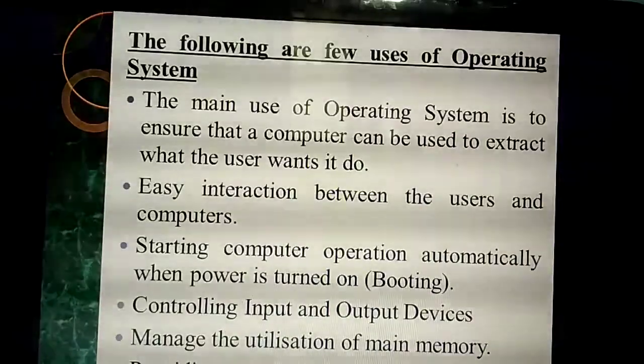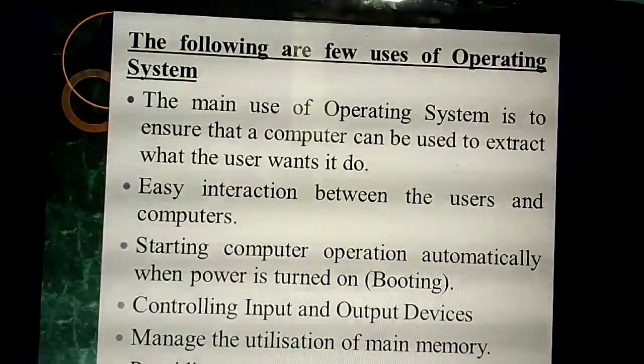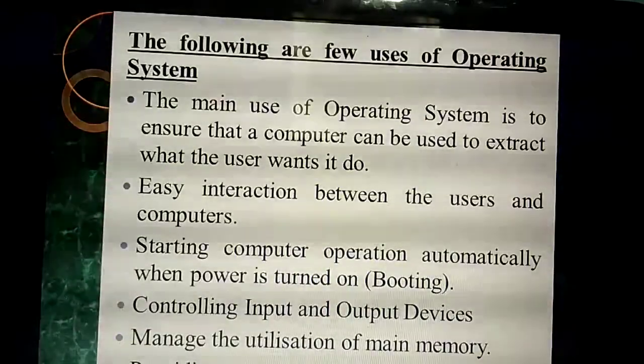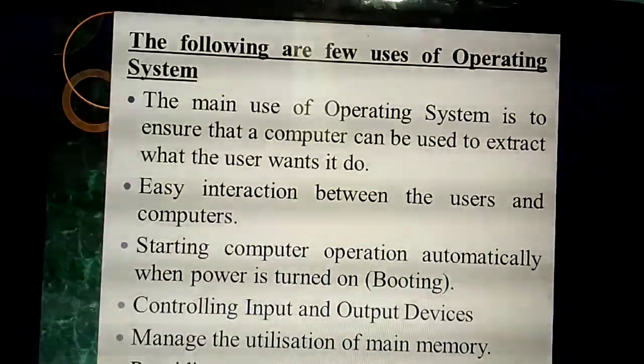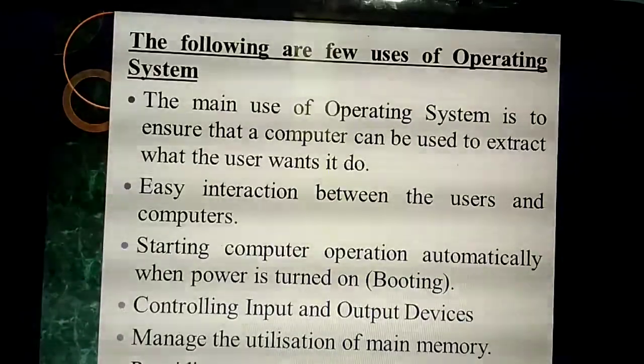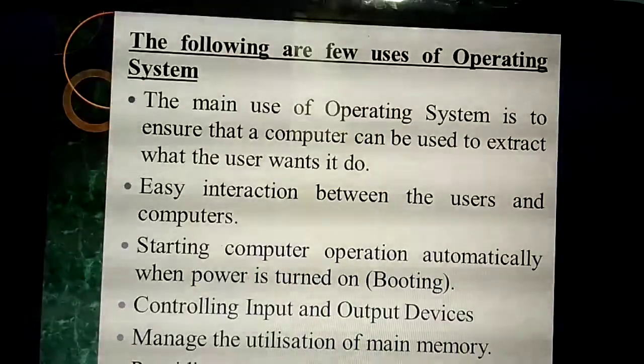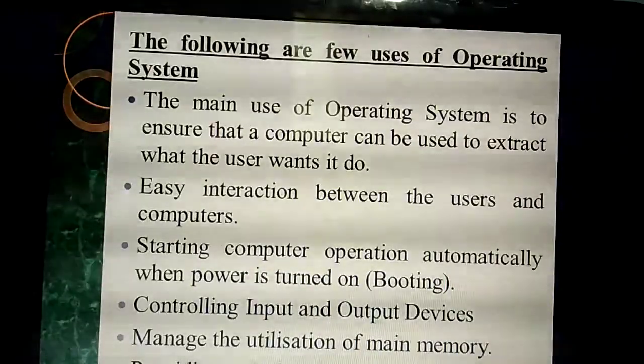Likewise, a lot of space is available in main memory, so the operating system needs to manage how much space is given to a particular user. For example, your mobile phone has 8 GB of space. You have copied one film, which takes 2 GB.